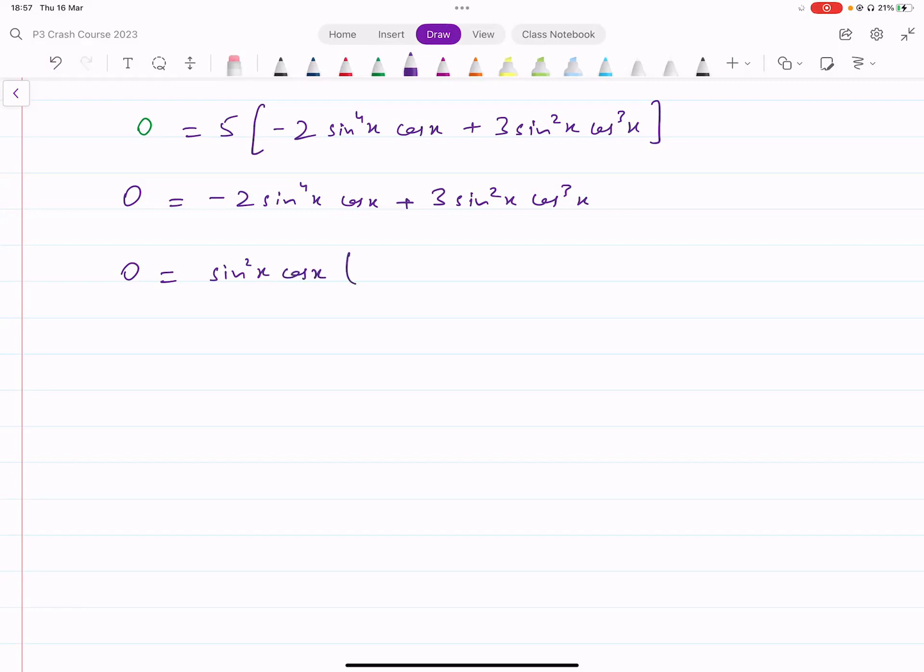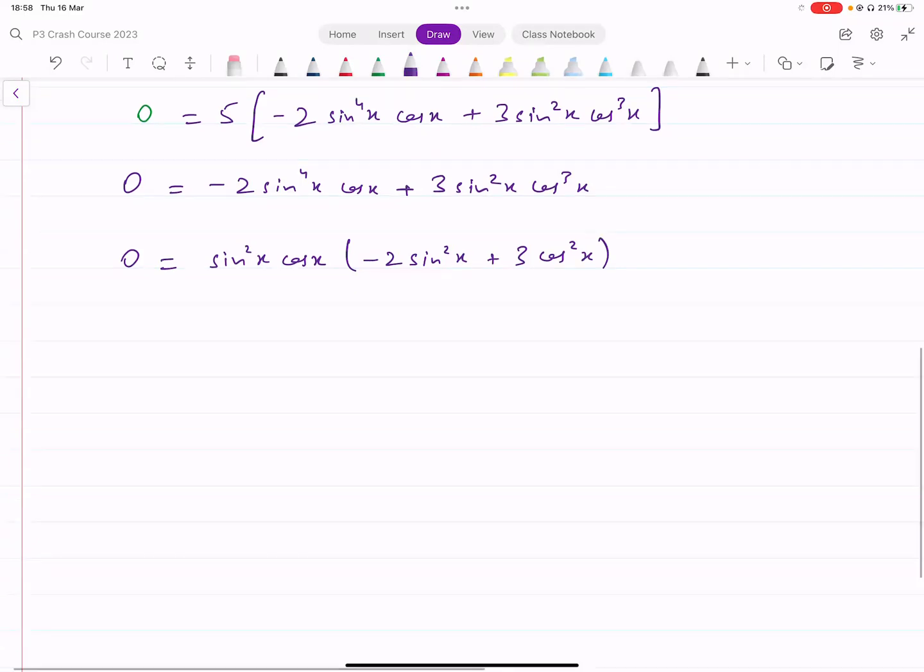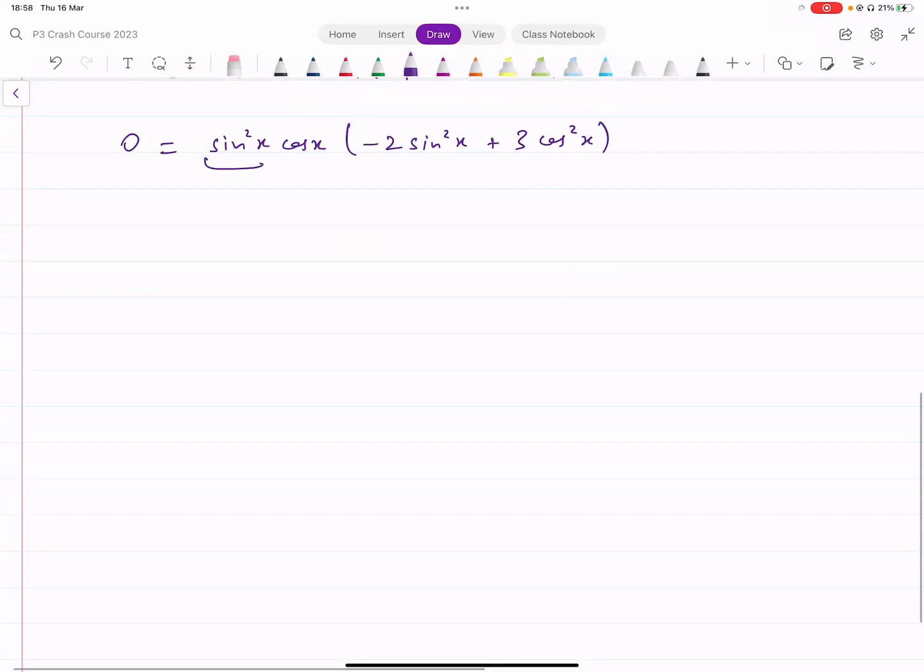And then what are we left with inside the brackets? We have minus 2 sine square x from the first term, and from the second term we just have 3 cos square x. And this whole thing equals 0. Now, what do we get from this? We have a product, sine square x into cos x into this, equals 0.